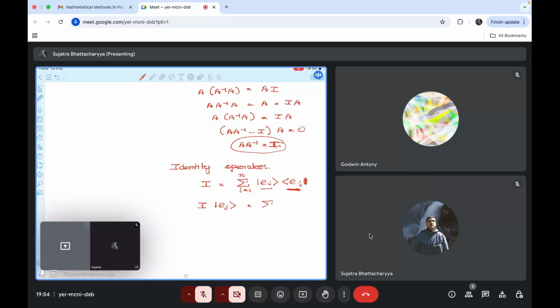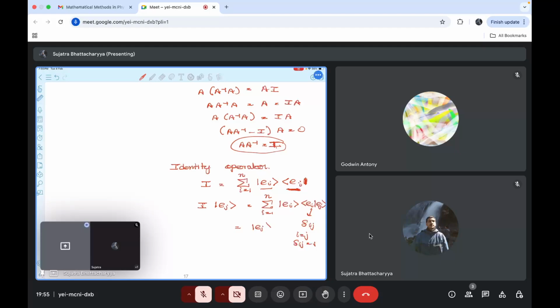So you have to write like this: sum over i equal to 1 to n, e_i, and this will be e_i e_j. You know that this comes out to be the delta ij, because if i equal to j, then only this delta ij equals 1. Finally, you will get that this comes out to be 1 only when i is equal to j.